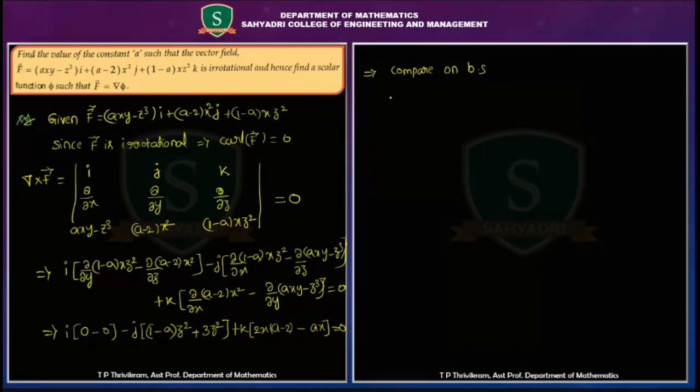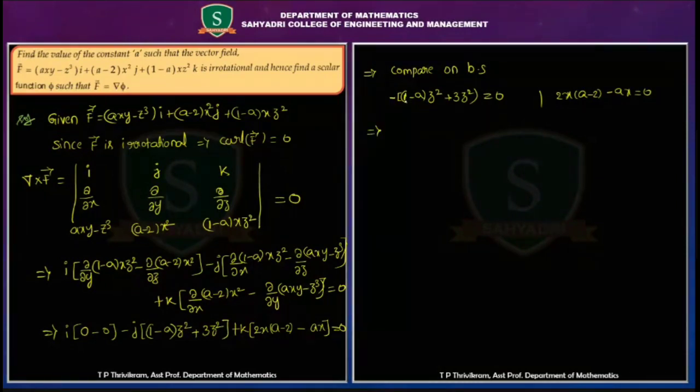So it implies minus of (1 minus A) into Z square plus 3Z square is equal to 0. Similarly, 2X into (A minus 2) minus AX must be equal to 0. Just simplify this and find the A value.